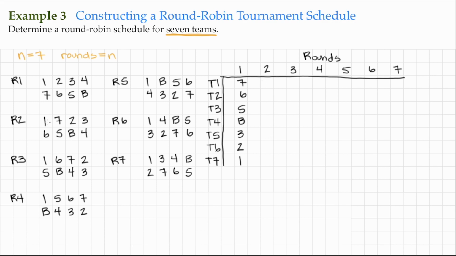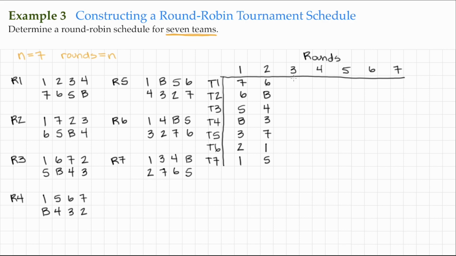Then we go to round 2. 1 and 6. Team 1 with Team 6. Team 6 with Team 1. Teams 7 and 5. 7 with 5. 5 with Team 7. Team 2 will have the bye. So we'll put in a bye right here. And then teams 3 and 4. 3 with 4 and 4 with 3.